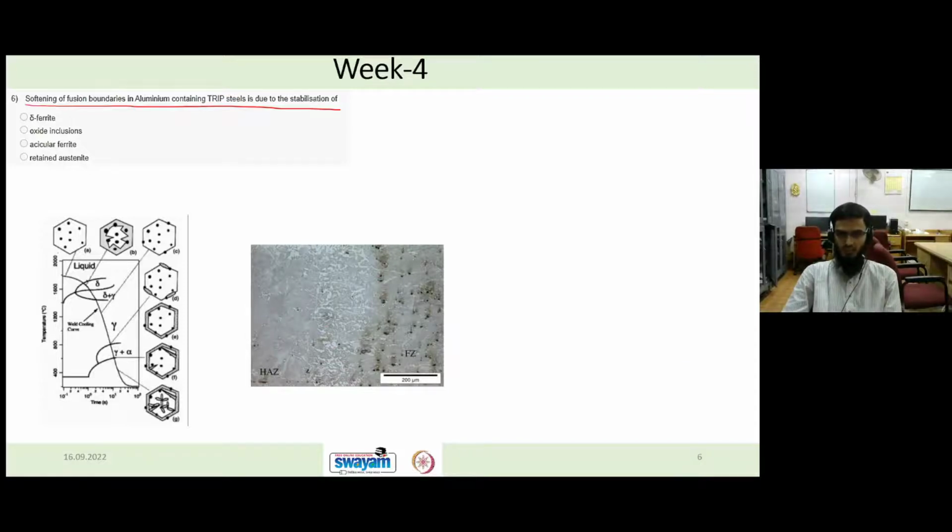For your hint, I have given the microstructure and the sequence of microstructures that will form when you cool it from liquid phase. Think a little bit and then try to comment your answer in the chat box.